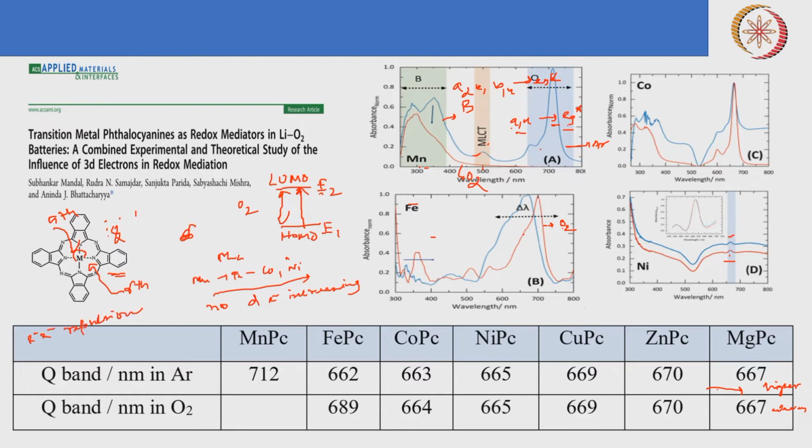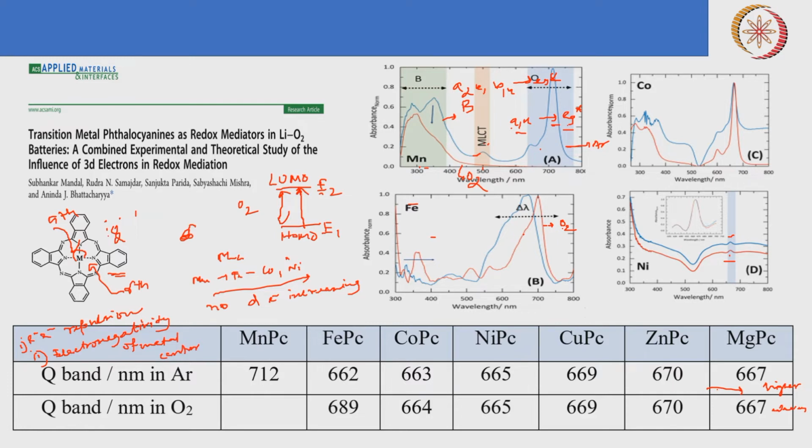One is electron repulsion. Another one is the electronegativity of the metal center.